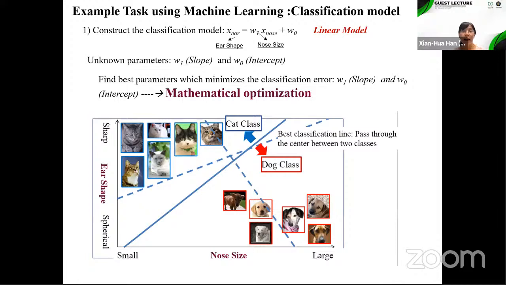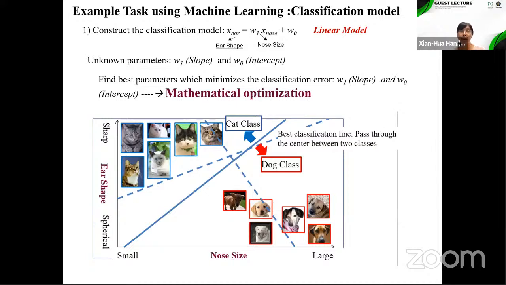As we already said, we first have to construct the mathematical model, define the mathematical operations, to construct a machine learning model.